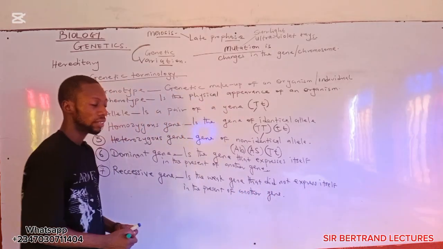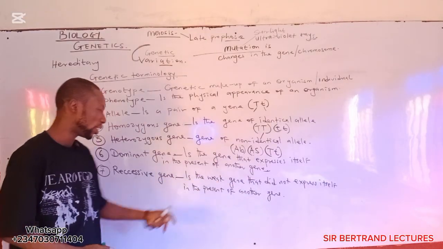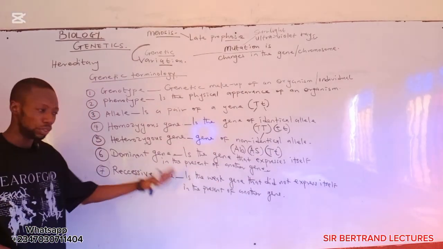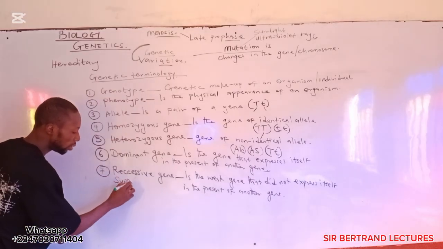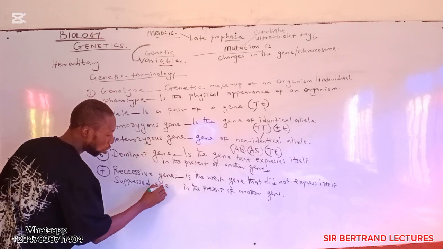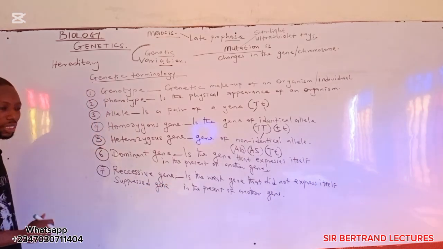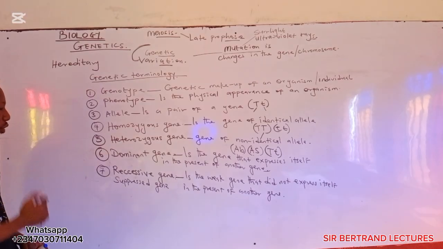That is the gene that does not express itself in the presence of another gene. We call it a recessive gene or suppressed gene, or weak gene. It does not express itself in the presence of another gene.